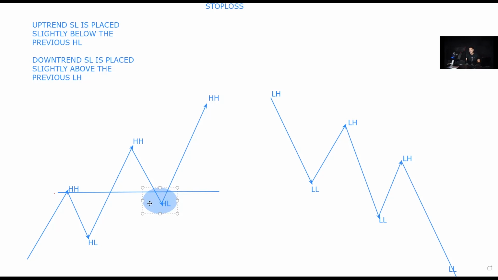So where's the previous high or low? Simply look to your left on the chart, and you will see our previous high or low is right here. So our rule tells us we place our stop loss slightly below. The blue represents my entry, and the red is representing my stop loss.